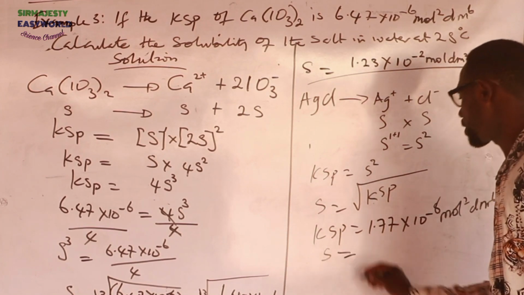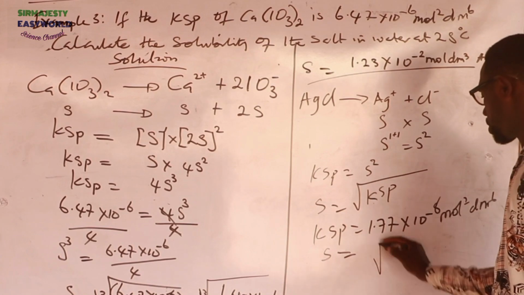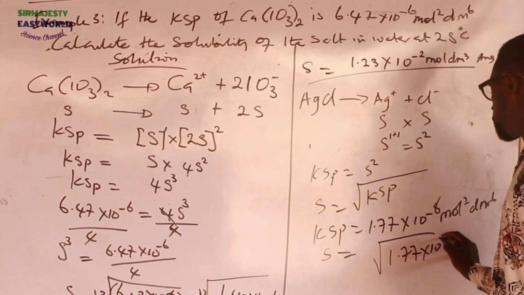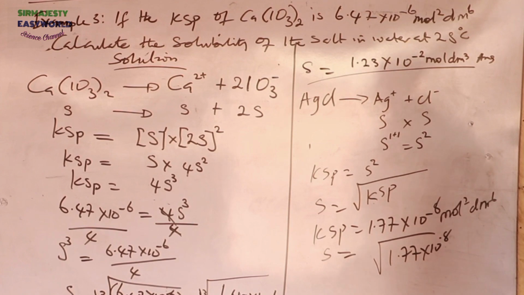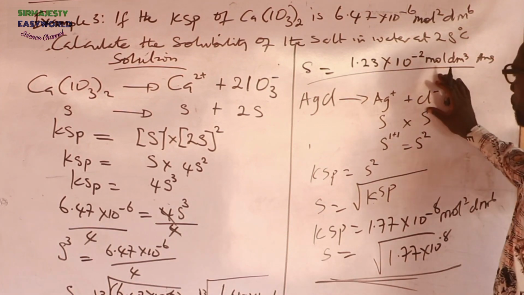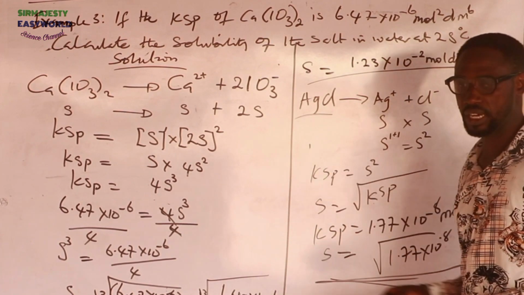Simple. The solubility is, because if you dissociate it, you get just S squared. Just press the square root of 1.77 times 10 to the power minus 8. You will get your what? Solubility in mole per dm cube. That is for those that give only monovalent charged ions like silver chloride.